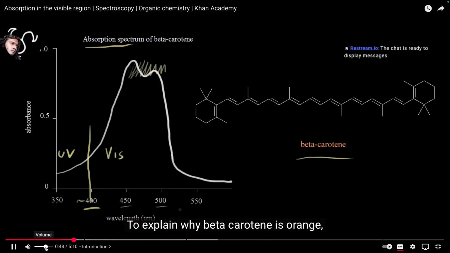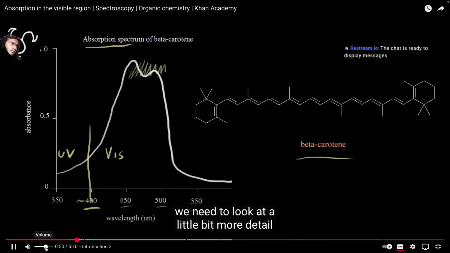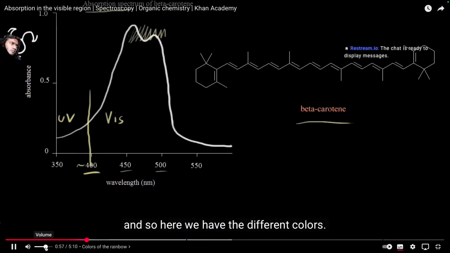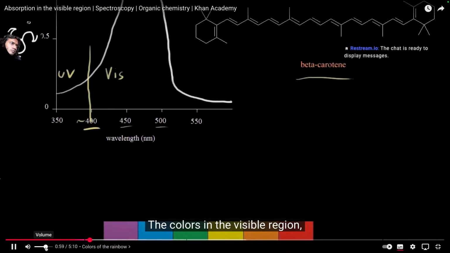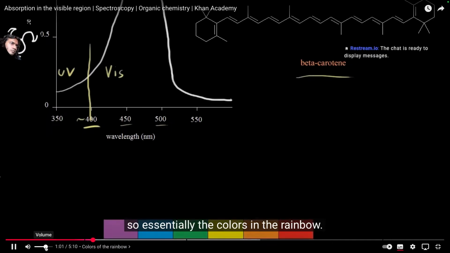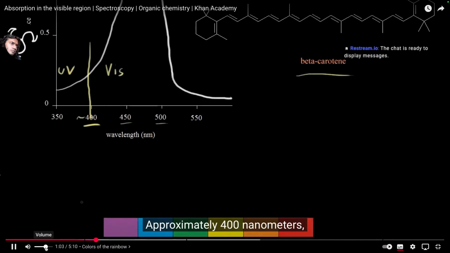To explain why beta carotene is orange, we need to look in a little bit more detail at the visible region of the electromagnetic spectrum. And so here we have the different colors in the visible region, so essentially the colors of the rainbow. Approximately 400 nanometers, we're talking about violet light.